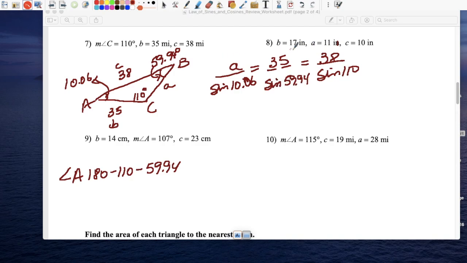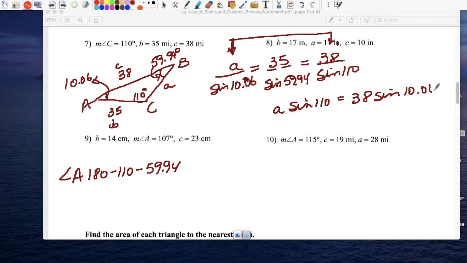So notice that everything's complete, and the only thing I need is side A. So I'm going to use this guy and this guy. These are the two ratios I'm going to use to find little a. So cross multiply. A sine of 110 equals 38 sine of 10.06. I'm going to divide this side by sine of 110. That goes away, and we get little a.